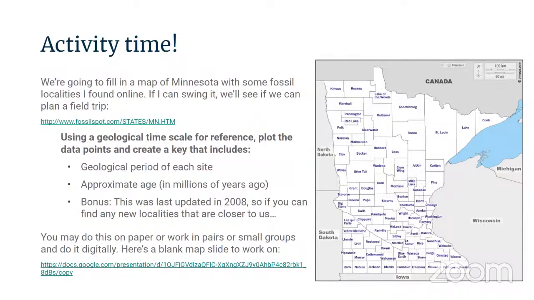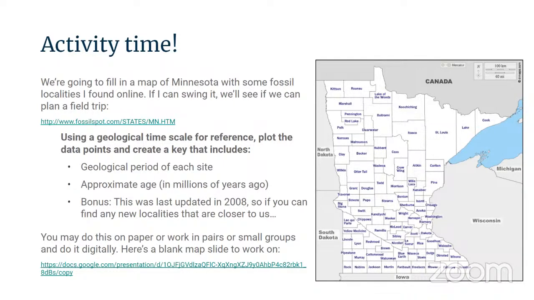This can be somewhere for you to go see and poke around in your own time. If we can find something that's reasonable to get to, I'll see if we can go ahead with a field trip. I don't know that we can fit that in an hour in class in the morning. So that's a TBD for us, but I have paper forms for us, or you can do this digitally. I am going to give you all at least the paper spreadsheet. Actually, who wants to do this on paper and who wants to do this digitally? Okay, cool.